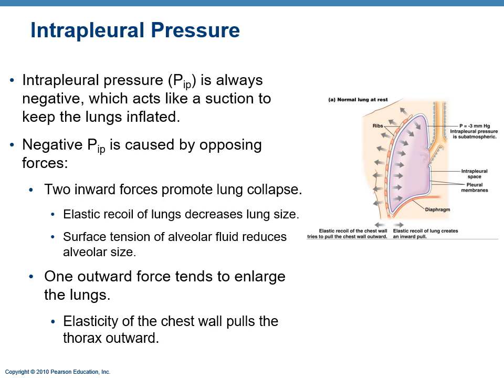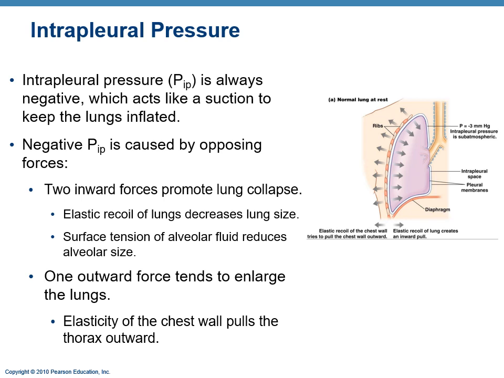This negative intrapleural pressure is caused by opposing forces. So there are two inwardly pushing forces which are serving to promote lung collapse. One, the elastic recoil of the lungs, decreasing lung size. And two, surface tension of the alveolar fluid, which prevents the alveoli from becoming all blown out, so reduces their size.